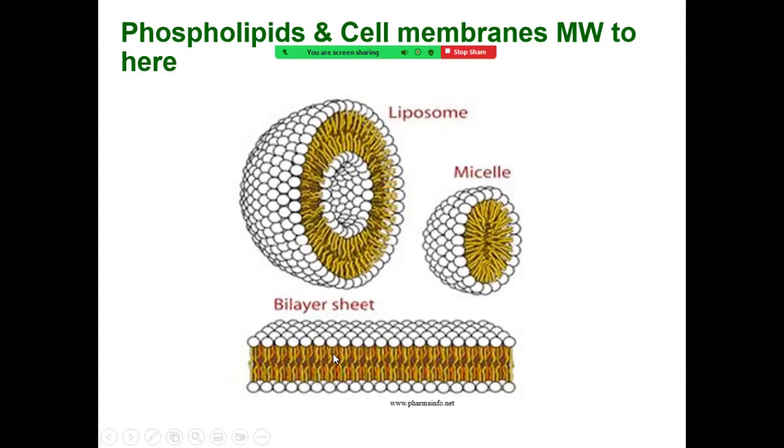The fatty acid portions will be together and the heads will face the water and it'll just form a circle like that, with the water being outside and the heads being on the outside of the phospholipids, the fatty acid tails all being on the inside. And then there will be a layer of phospholipids with the head facing outward. And the inside of this would be, of course, water inside here.